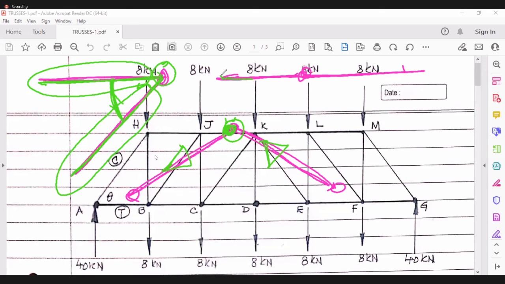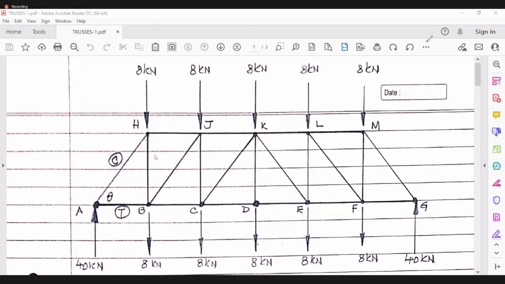Yes, if they are in a straight line, then both may be pulling the node or both may be pushing the node, and they may be non-zero. But in any truss, with two members meeting, and if there is no force acting at that point, both of them are zero force elements.